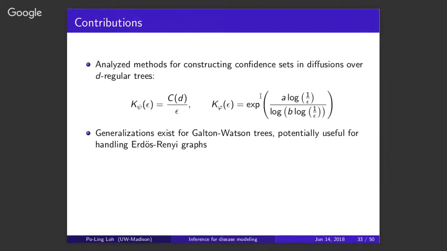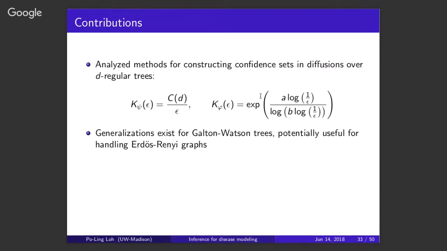And what we did was we looked at different estimators that can give provable confidence sets for this sort of infection process growing over a graph. We have some small extensions. So in the setting that I described, we have a d-regular tree, so every node has the same number d of neighbors.